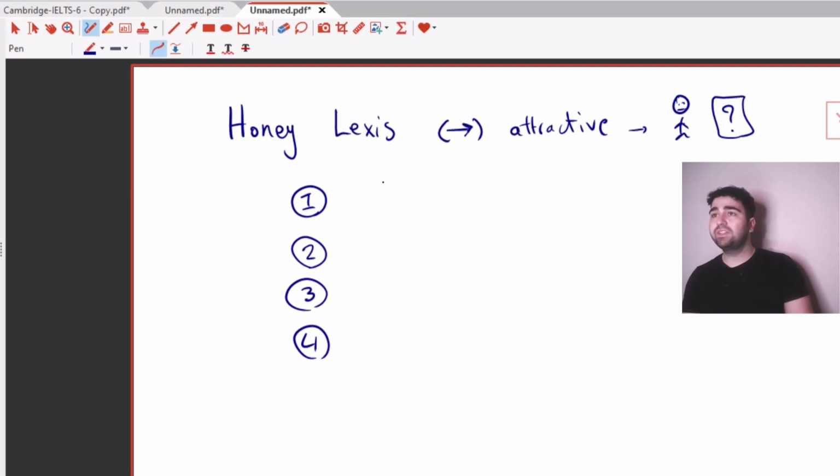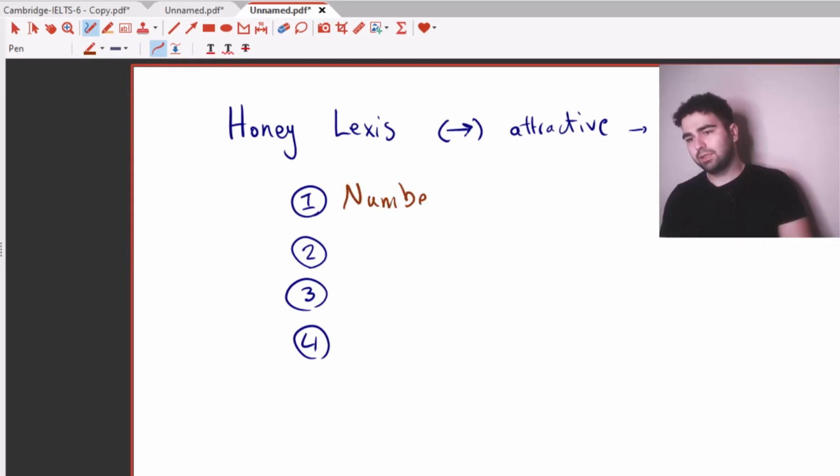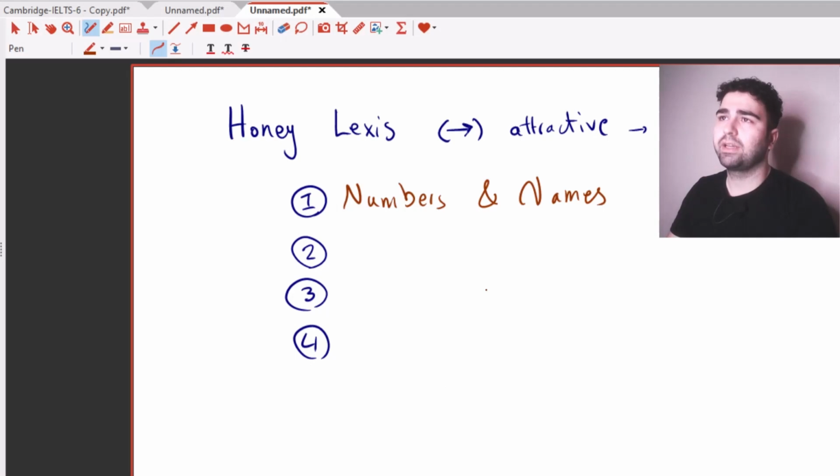So the first group of words I would say are numbers and names. Definitely I suggest highlighting and underlining them, but it is not a necessity because they are pretty obvious in a text, because for example, names start with capital letters, or even sometimes all of the letters in the names are capital, so they're pretty conspicuous when you look at a passage.